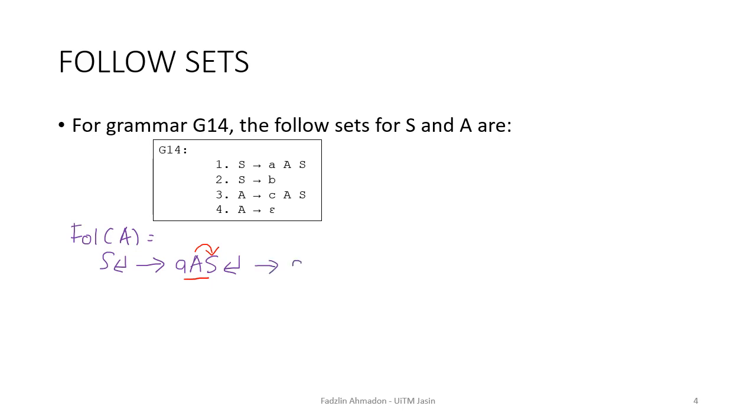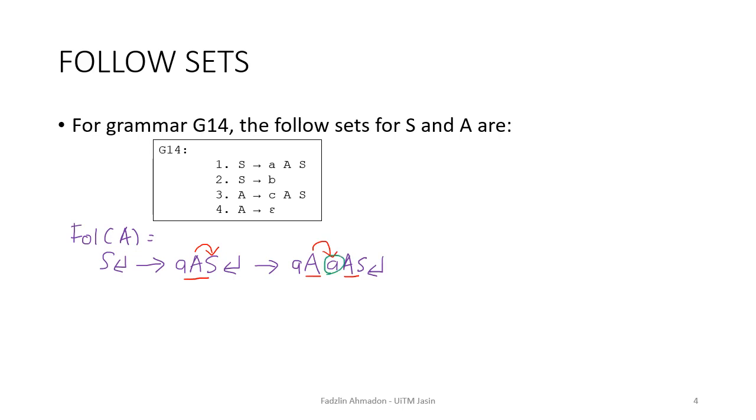Therefore, we need to do another derivation where we replace S with something else. Next, I'm going to replace S with rule 1 again, so it's going to be A a S end marker. In this derivation, this is our A. Now let's take a look at the symbol right next to non-terminal A. Lowercase a is a terminal.